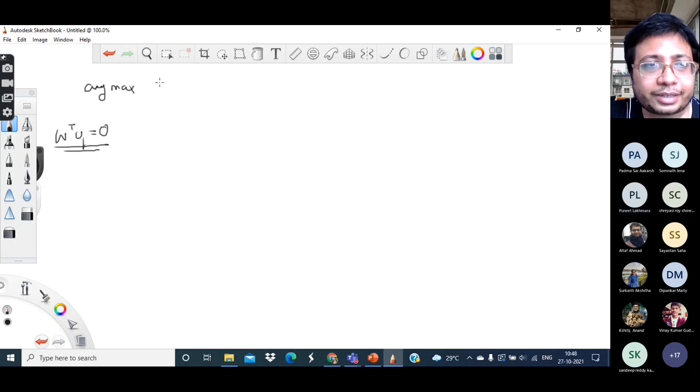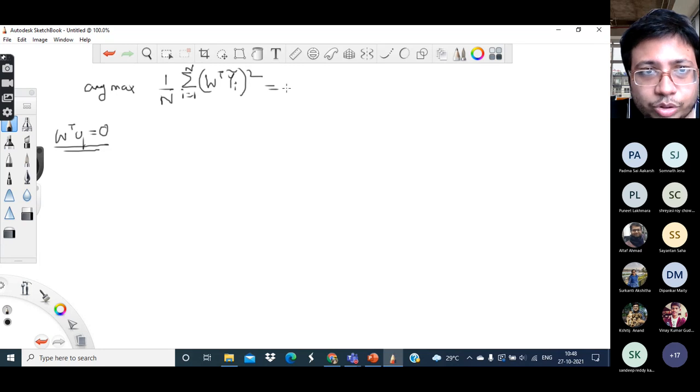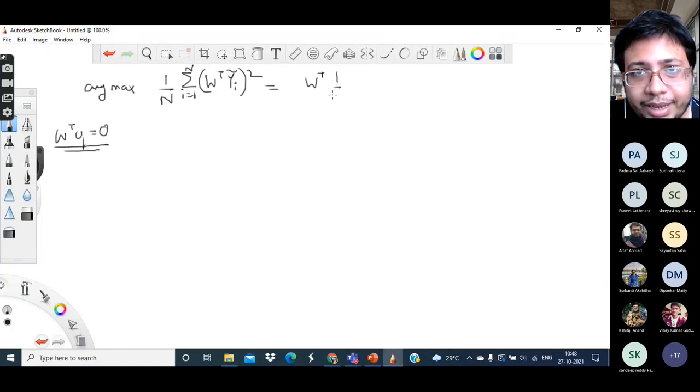Let me write the thing again. What we are trying to do is argmax of 1 by n, the variance, which is given by the sum over i equal to 1 through n of W transpose yi tilde, whole square, which I can also write, taking the W transpose out, as 1 by n, the sum over i equal to 1 through n of yi tilde transpose, the whole with W again on the right hand side also.